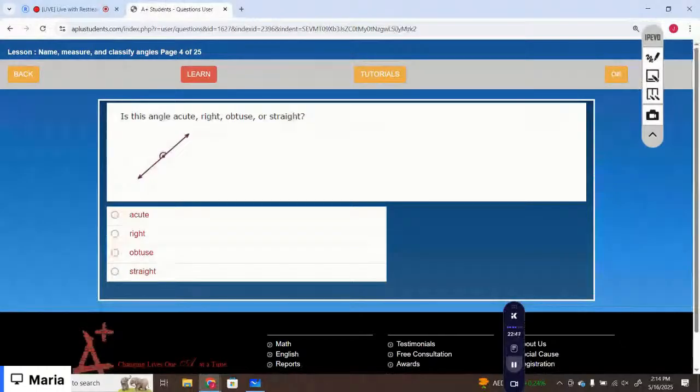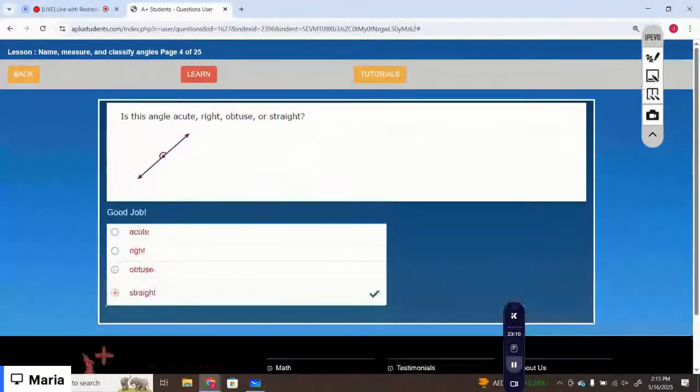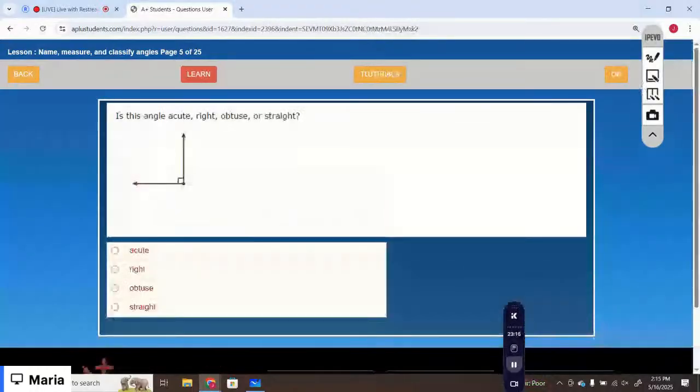Is this angle acute, right, obtuse or straight? So which is the correct option? That is a straight angle. Option number four is the correct option. Is this angle acute, right, obtuse or straight? It is a right angle.